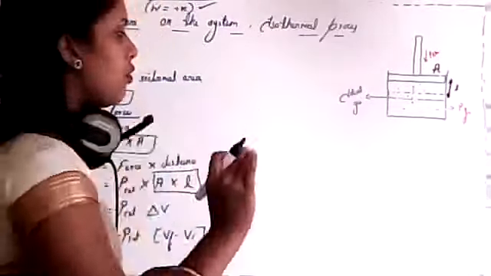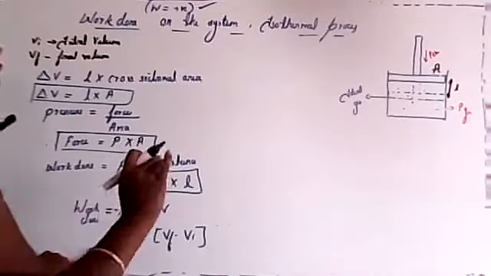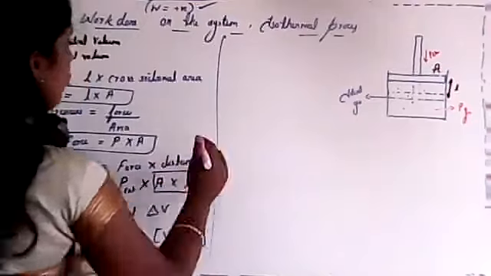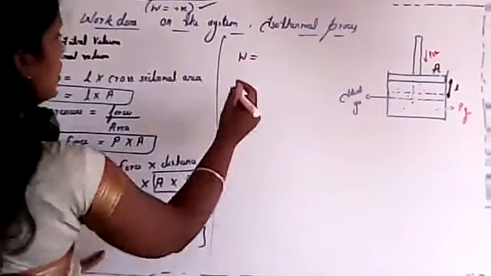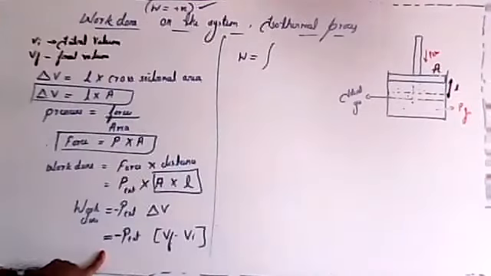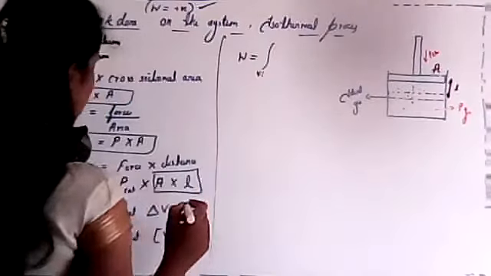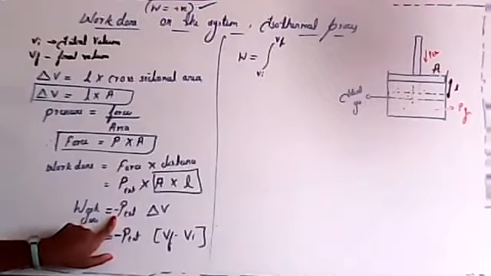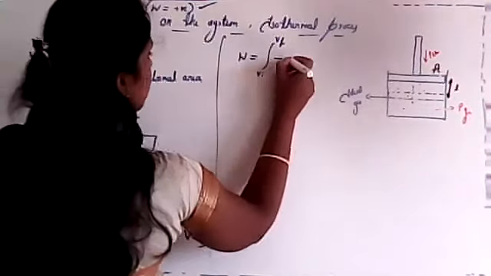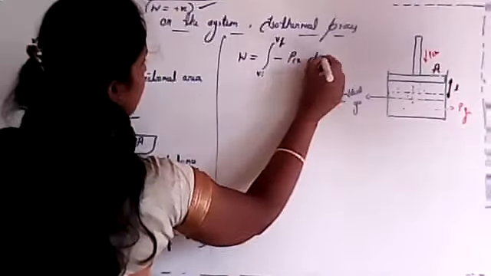If the pressure is not constant, the formula is work done equals the integration from VI to VF of minus P external. I'll consider delta V as dV in this case.